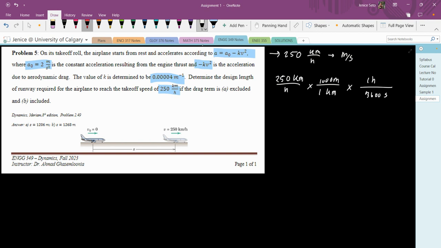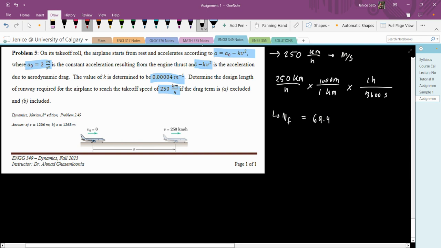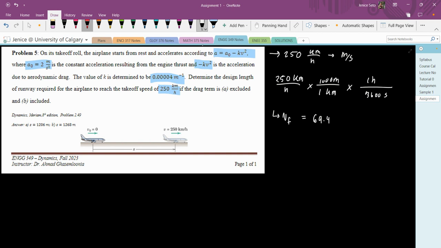That is going to give us vf equal to 69.4, I believe. 250 times 1,000, then divided by 3,600. Yeah, 69.4 meters per second. And that's going to be our final speed, because that's the speed that we want to reach.